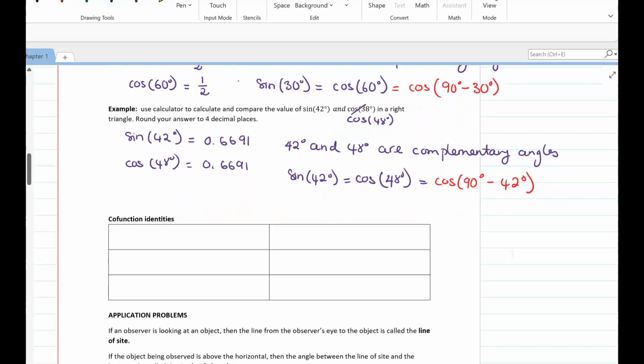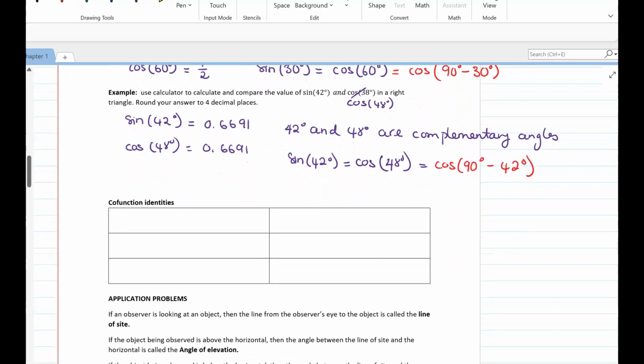So let's summarize this in the cofunction identities. We'll have two columns here, one for degrees and one for radians. Sine of theta is equal to cosine of 90 degrees minus theta.